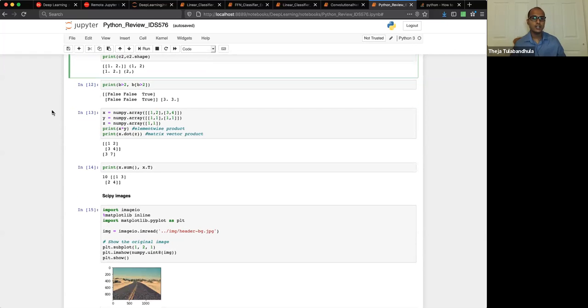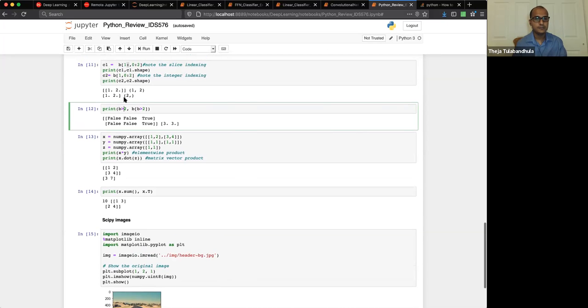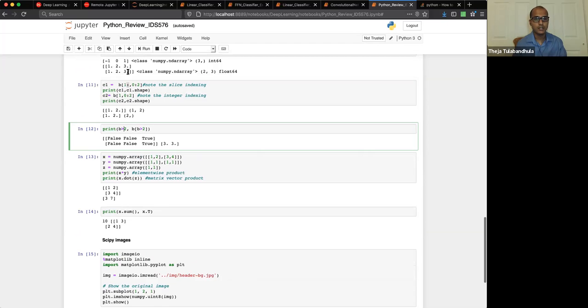You can also do comparisons, and comparisons can lead to selection of rows and columns. So, for example, b greater than 2 is going to compare every element with 2. So b is 1, 2, 3, 1, 2, 3.